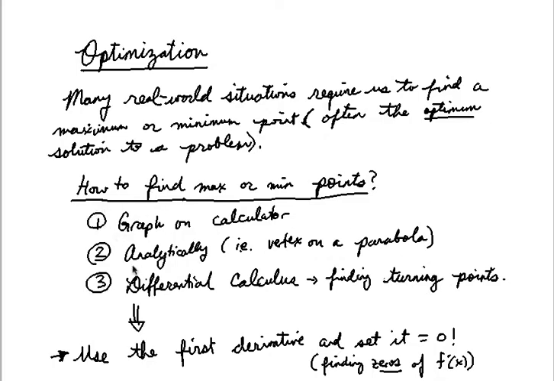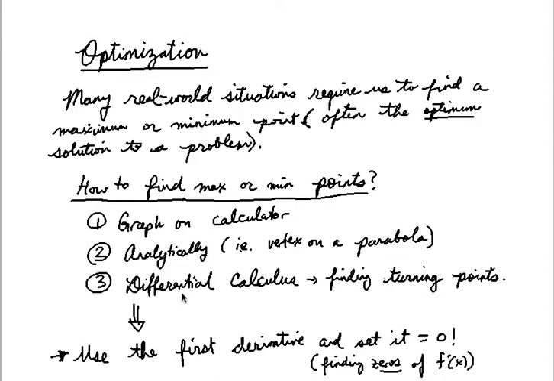So there are several ways you can do this. Using differentiation, you could do that. You could do it analytically if you had a nice parabola, but these are pretty limited here, and you won't always have a calculator. So you could do it by graphing the function, or by using, for instance, the vertex on a parabola, x equals minus b over 2a.